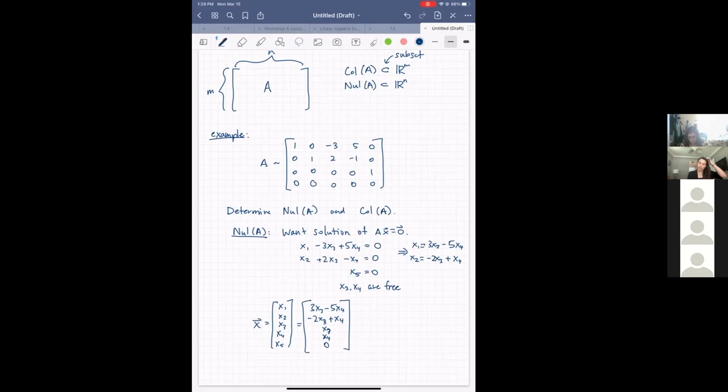And then we split these into two vectors, right? One corresponding to X3 and one corresponding to X4. So the first vector will be X3 times 3, minus 2, 1, 0, 0. And X4 will be minus 5, 1, 0, 1, 0.